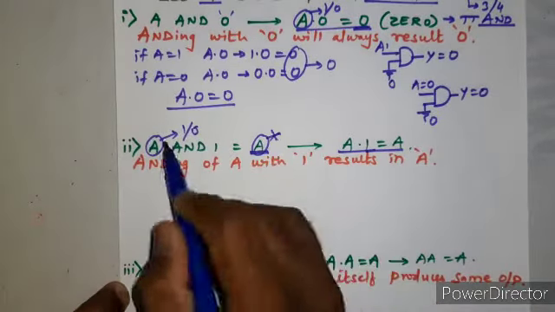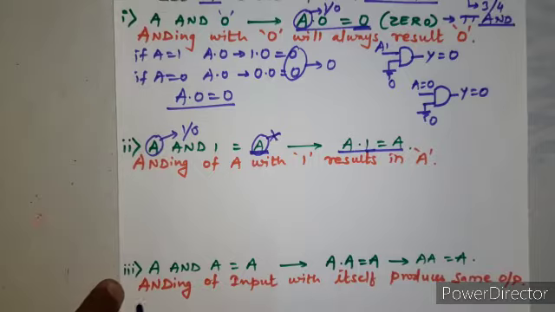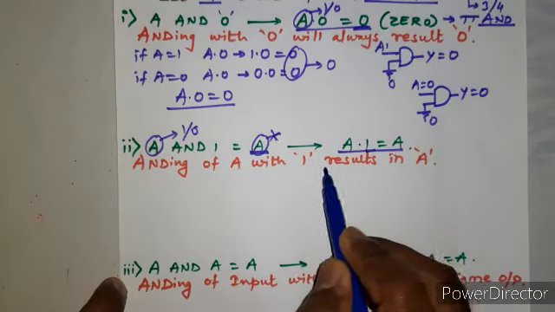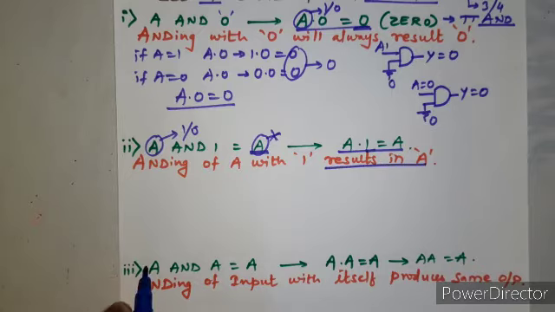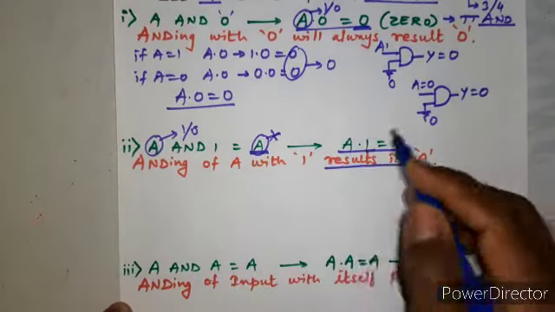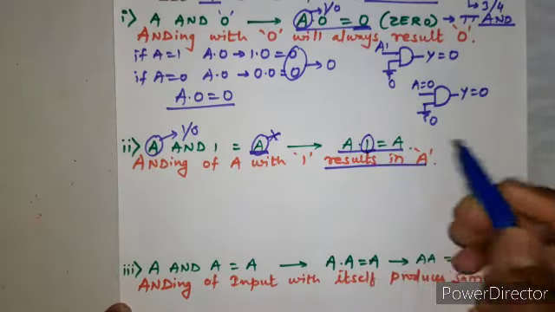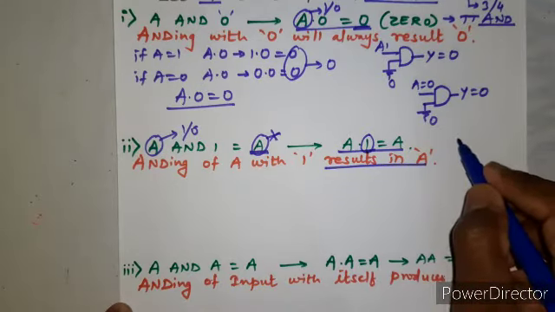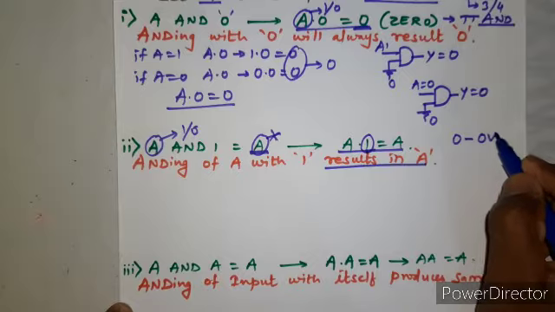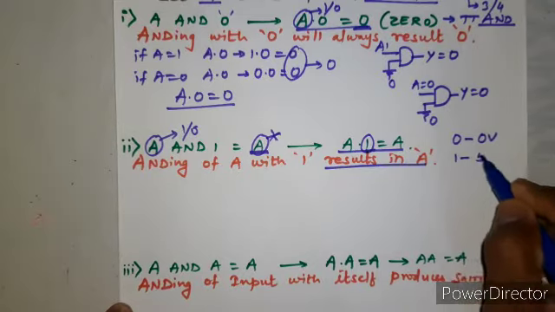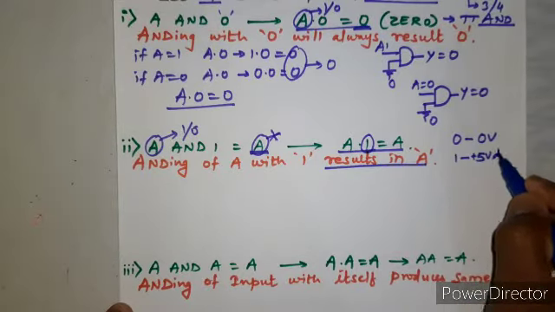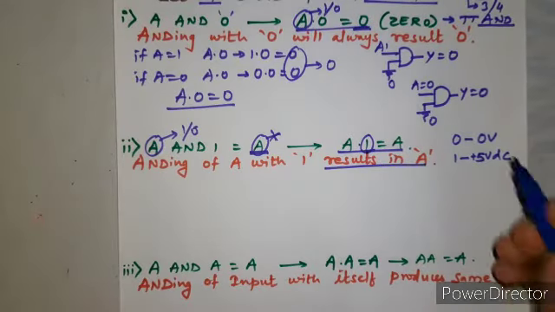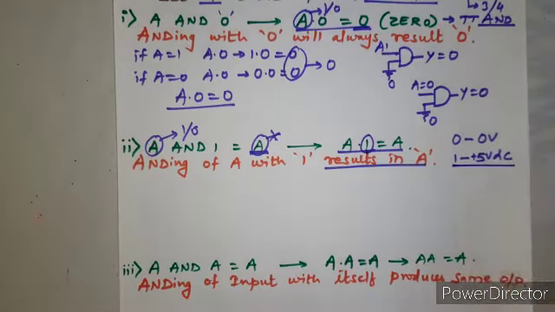So ANDing of A with 1 results in A. Here one of the inputs is 1, and just to tell you, 0 is represented by 0 volt and 1 is represented by plus 5 volt DC. So this notation is used here.